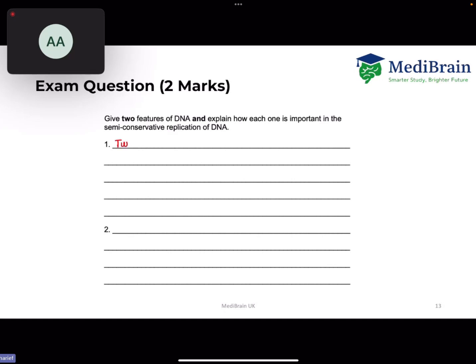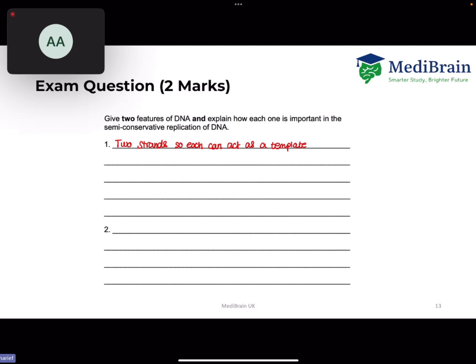So two strands, so each can act as a template. Okay, that's always the first point that I write down whenever a question like this comes up.